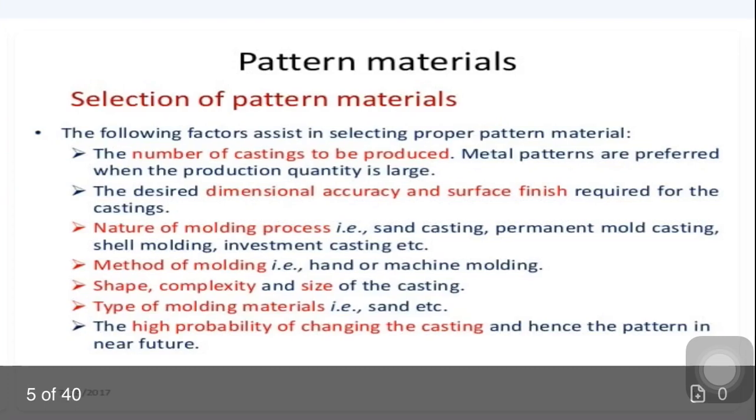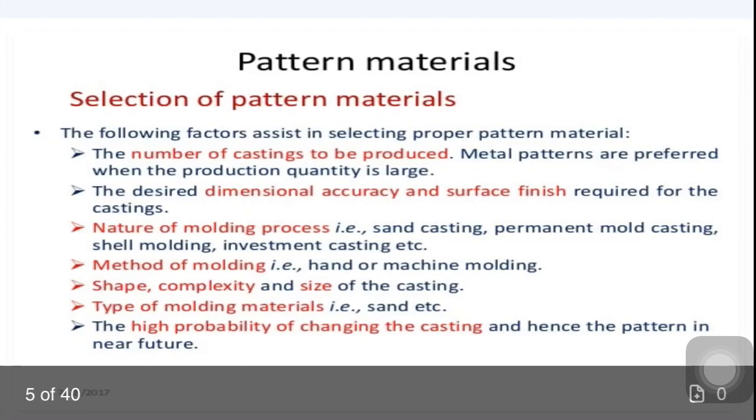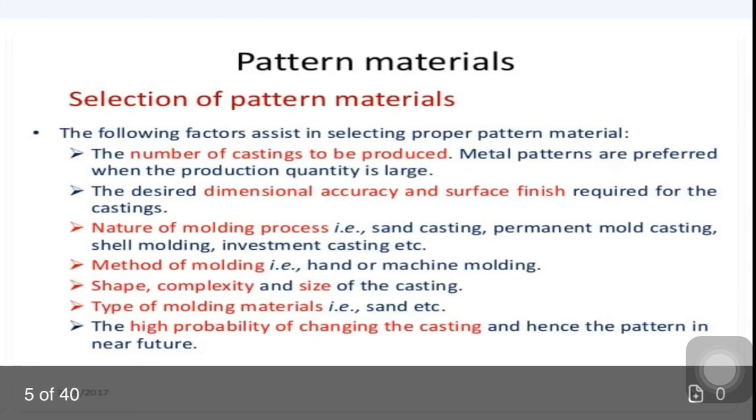Now the last one is high permeability of the changing casting, and hence the pattern is for the near future. Permeability is one kind of property of the casting, or we can say the mold. Based on that property, you should take decisions for the pattern material also, if there is high permeability.